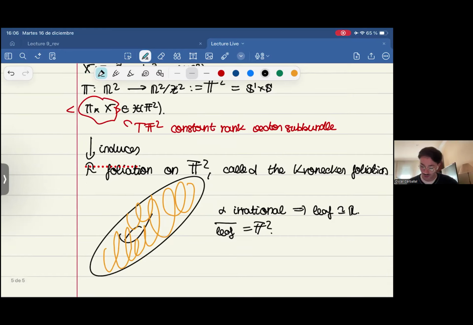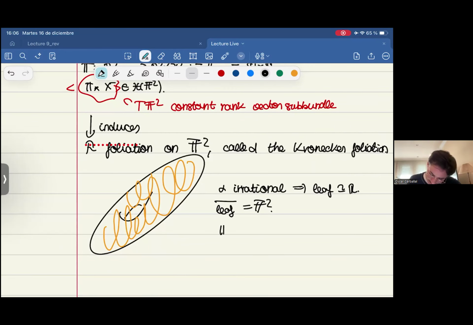Well, what this implies is, for instance, that the associated leaf space, which is this quotient here, is a non-Hausdorff manifold.